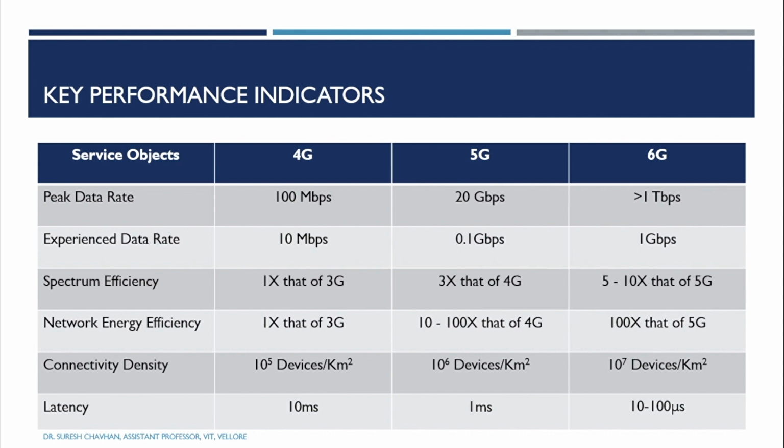And experienced data rate, in 4G it will be 10 Mbps, in 5G it's 0.1 Gbps, and in 6G 1 Gbps.